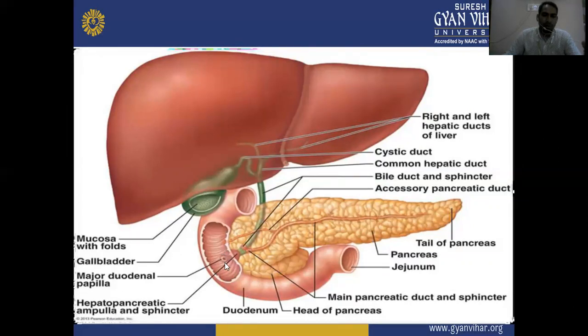And this one is the gallbladder, in which the gallbladder stores the bilirubin and biliverdin, and mucosa with folds.